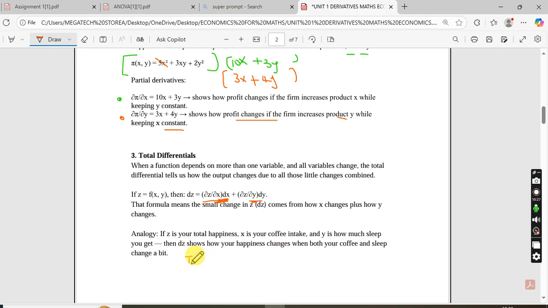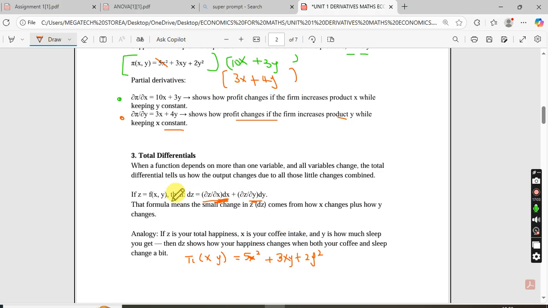Pi equals 5x squared plus 3xy plus 2y squared.